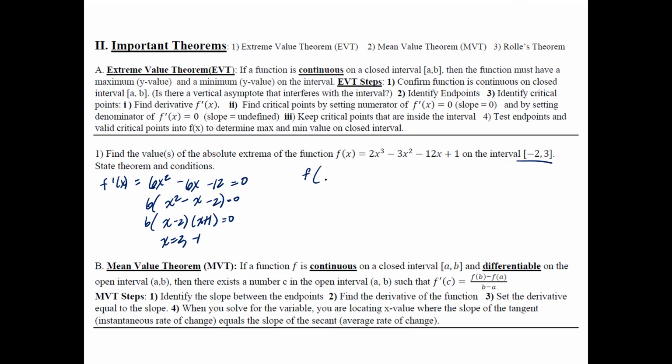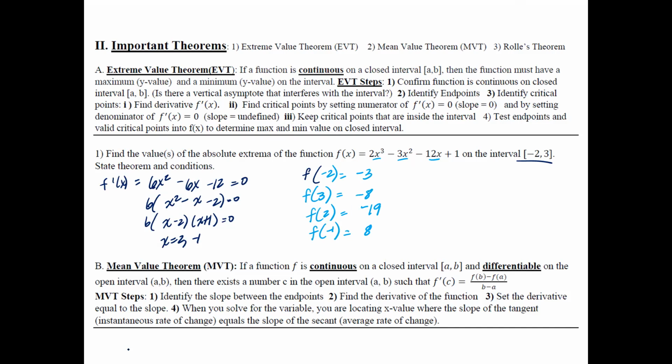So then I'll do f of, so that way you can check the height of each of these endpoints. So f of -2, f of 3, f of positive 2, f of -1, and you'll just plug it in here. So then f of -2 is a -3, f of 3 is a -8, f of 2 is a -19, f of -1 is an 8.